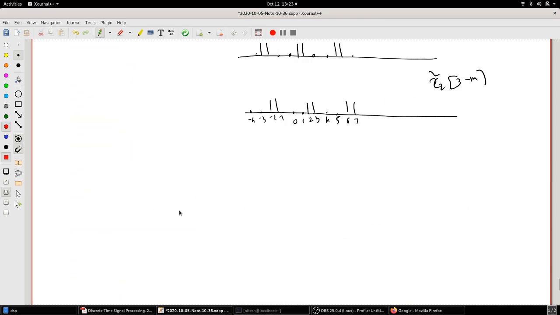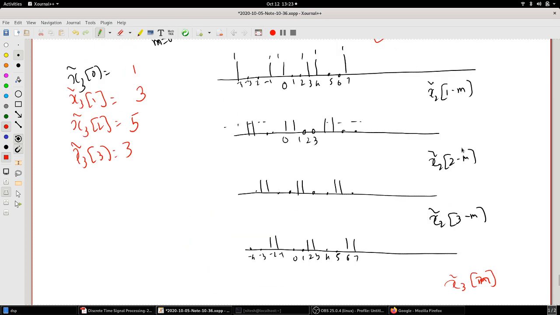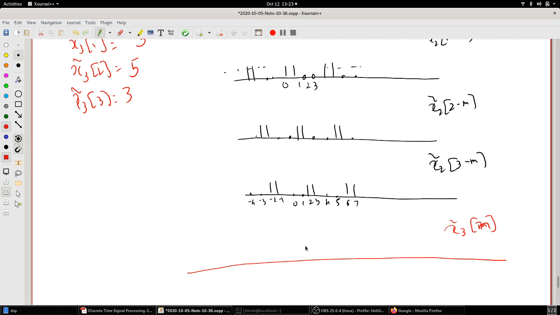So this is what your answer is going to be. x3 tilde of n will be 1 3 5 3, for n equal to 0 1 2 3. Again the same thing, 1 3 5 3.